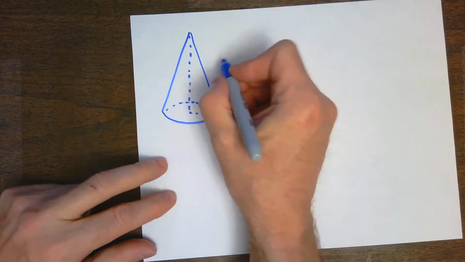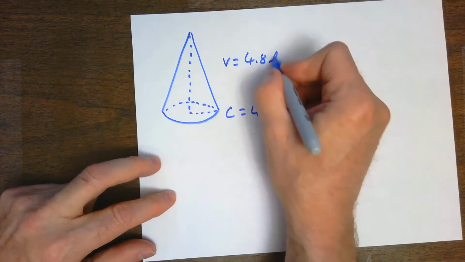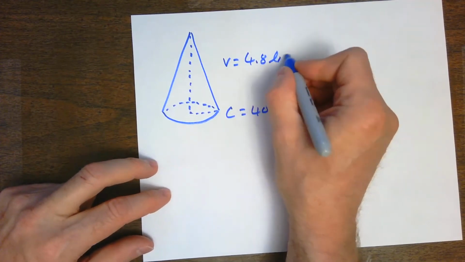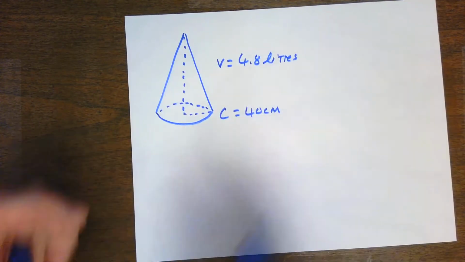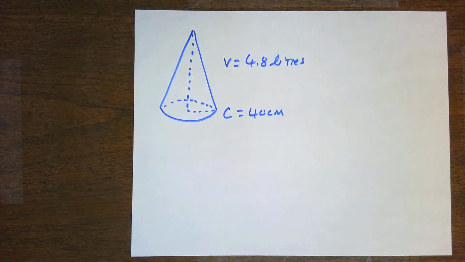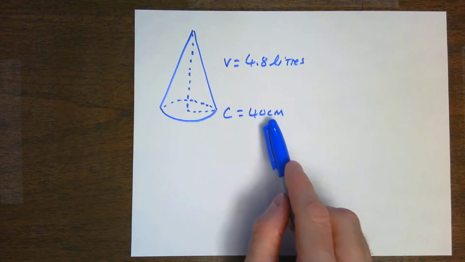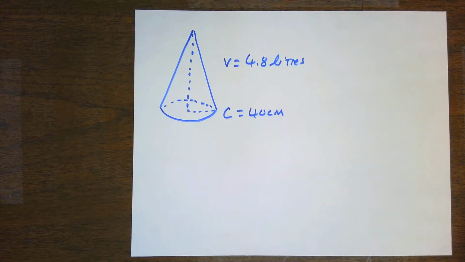And I'm going to tell you that the volume of the cone is 4.8 liters. Let me write that out, because this gets tricky. We have to deal with the metric system, and the rest of the world does. So when all of the other students in the world see this, they already know 4.8 liters, how many cubic centimeters that is. And here in America, we don't know the metric system very well. So this is definitely going to be an issue, converting things back and forth.